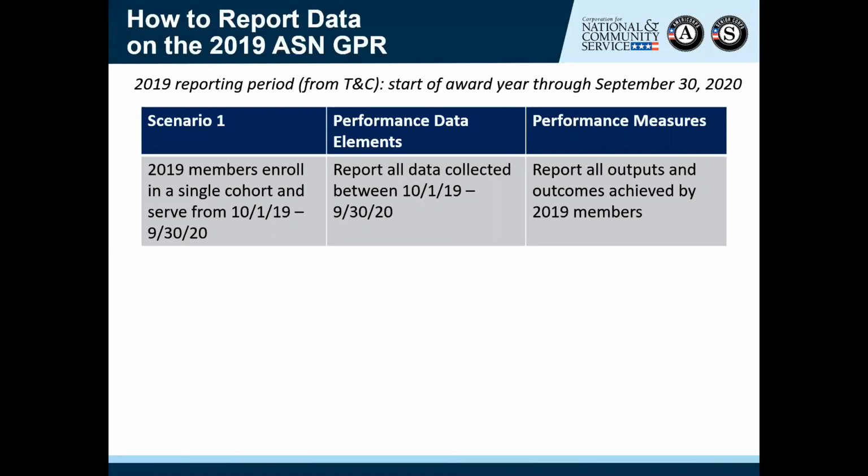So the way the program reports on performance data elements versus performance measures is basically the same. For the performance data elements, the program will report all data collected between 10/1 and 9/30 of the following year. For the performance measures, the program will report all outputs and outcomes for the members who served during this program year. So that's nice and easy.